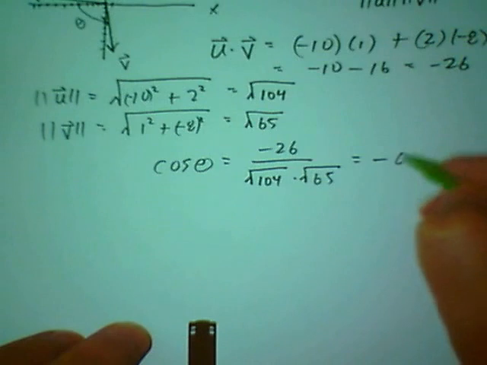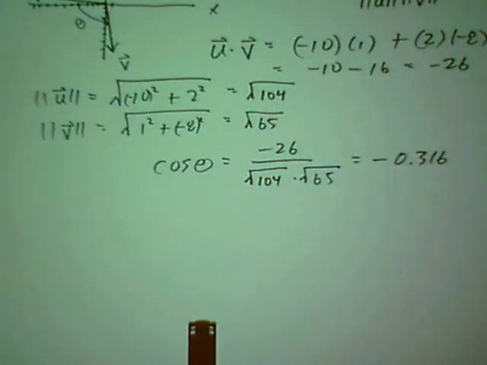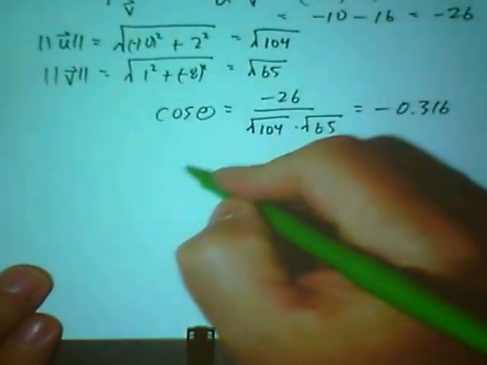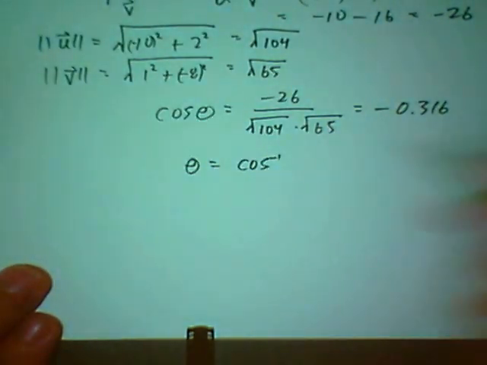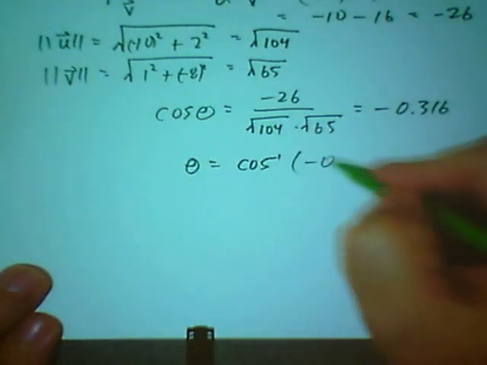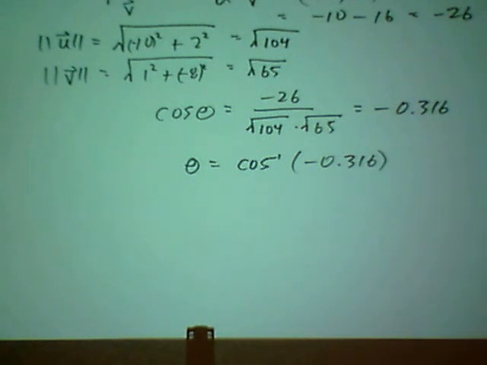Like negative 0.316. So once again, if I want the angle, I have to take the inverse cosine of negative 0.316.